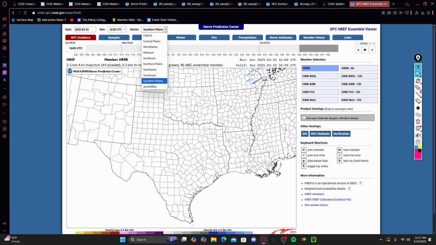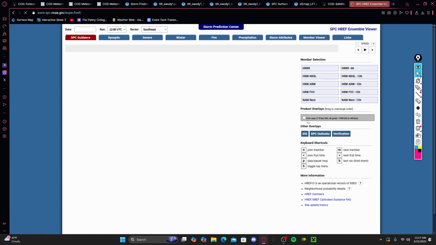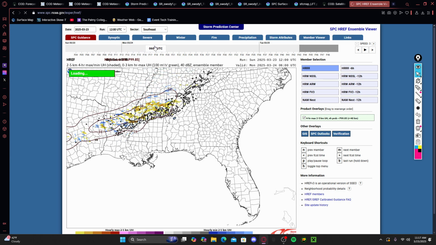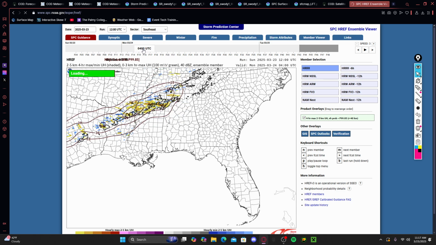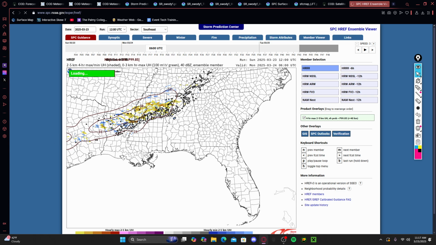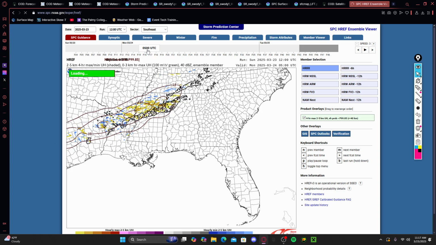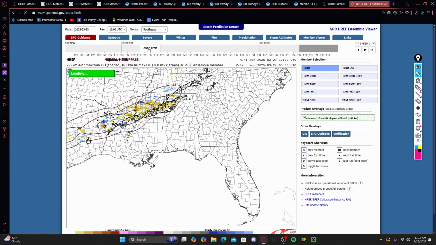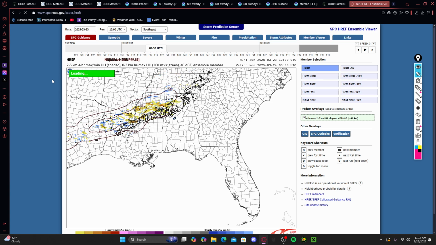Double scratch that. Let's go southeast. Let's look at our probability of updraft helicities. And you can see a pretty broad region of updraft helicity, really large, even into Texas, but definitely maximized here over Mississippi with 50% chances of updraft helicities there. So a pretty broad region for updraft helicity.